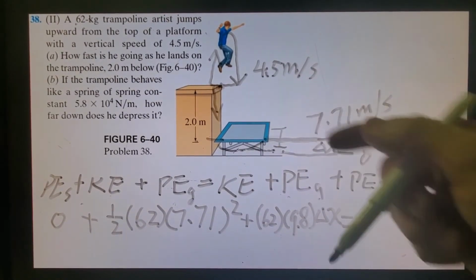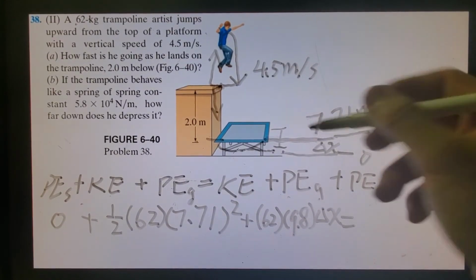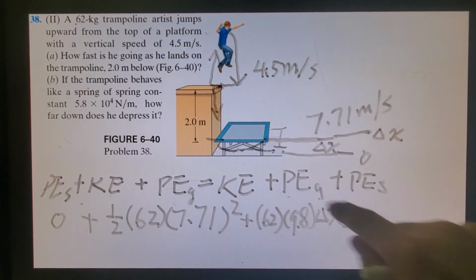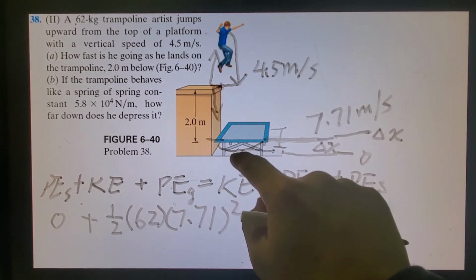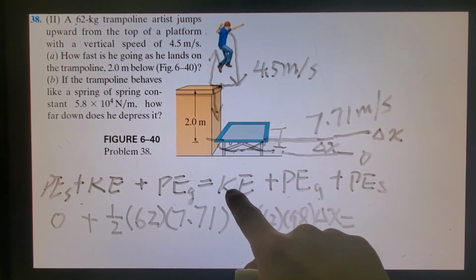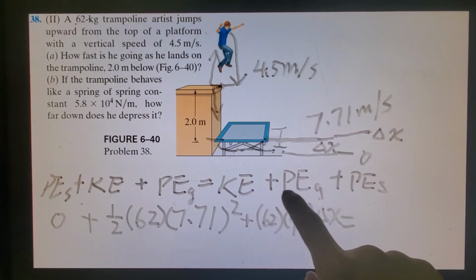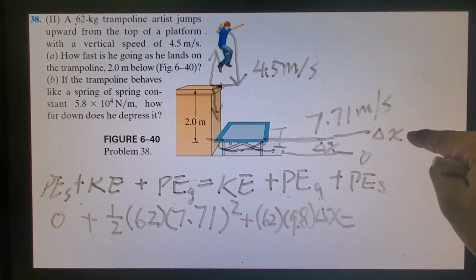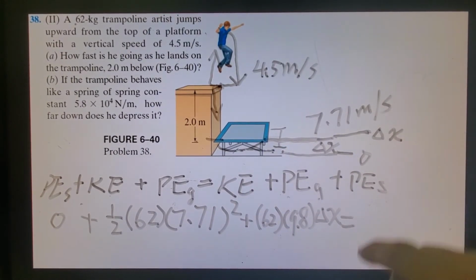It will be equal to, it will convert everything. What is the kinetic energy when it stretched and stopped? When it stopped, it will be 0. Potential energy due to gravity, we move from delta x here to 0 here, so it will be 0.